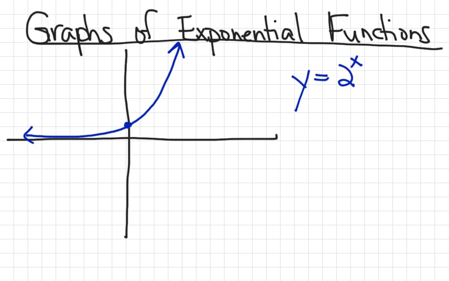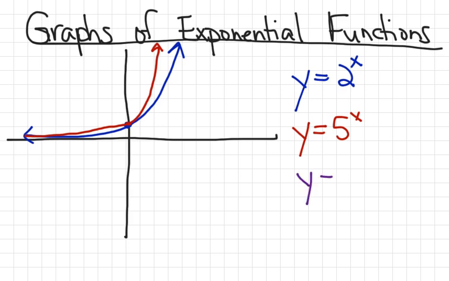If you've ever heard the phrase, it grew exponentially, that phrase means it grew fast. The graph of y equals 5 to the x would look very similar, except that it would grow much faster. And again, it still has a horizontal asymptote of the x-axis, and it passes through 0, 1.